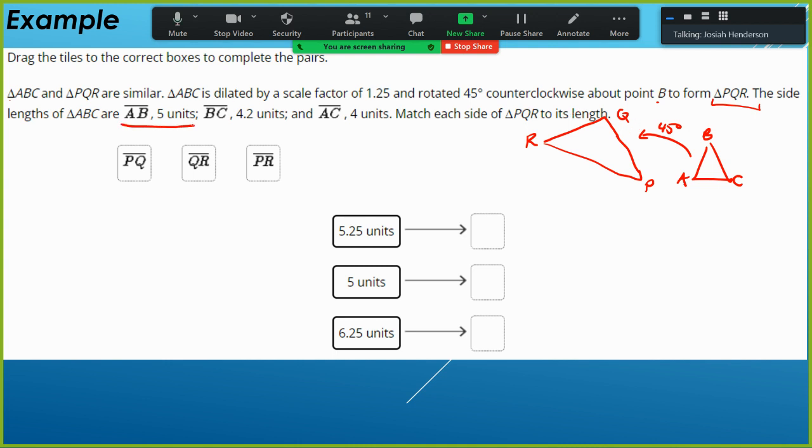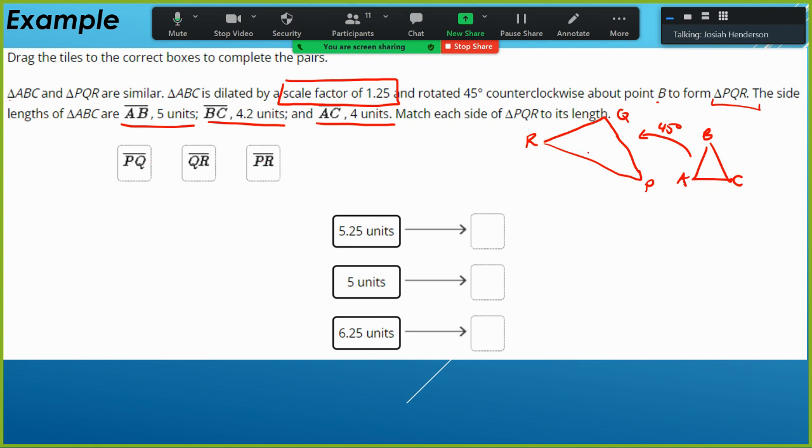AB is 5 units, BC is 4.2, and AC is 4. Match each side of PQR to its length. So even though they gave us all this information about rotating it, that doesn't apply to us. All we need to do this is the scale factor, and they told us that is 1.25.